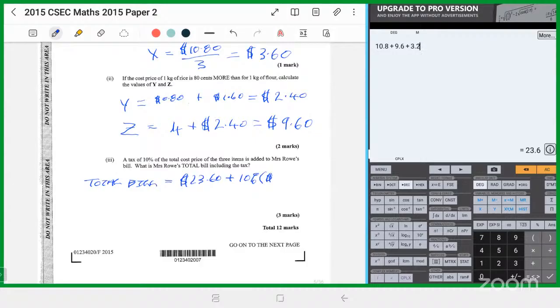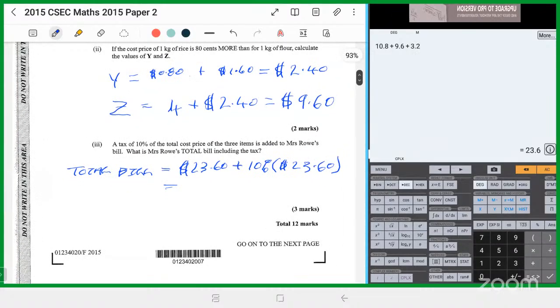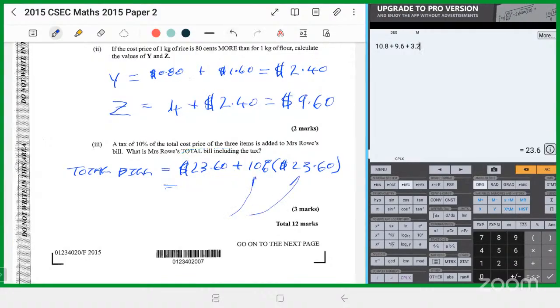That's the amount before tax, and then you're adding 10% of the total bill. And 10% basically you divide this by 10. So it's $2.36 that you're going to add. But you can work it out with the calculator.